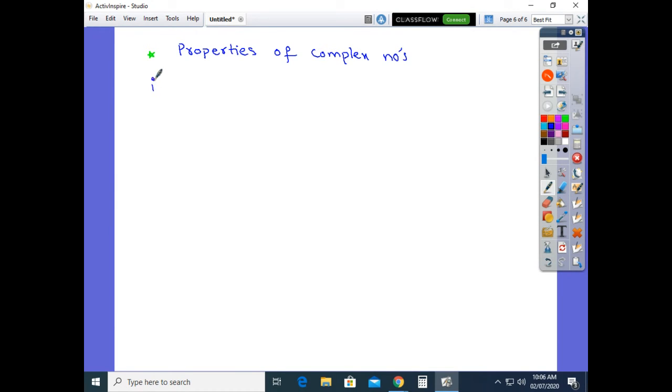First property: if we take the double conjugate of a complex number, then the same number comes back, which is z. Similarly, the second property: conjugate of z is equal to z, if and only if z is a real number.